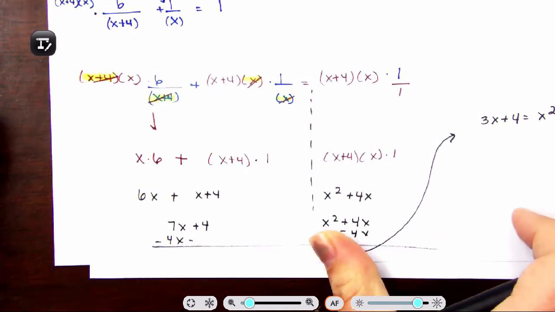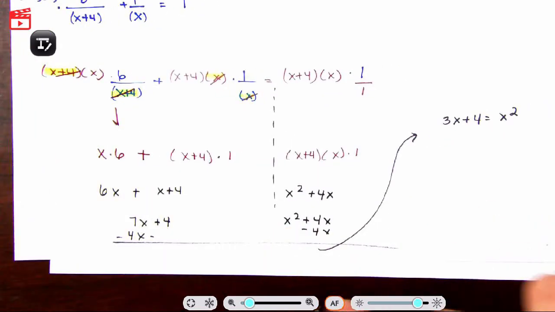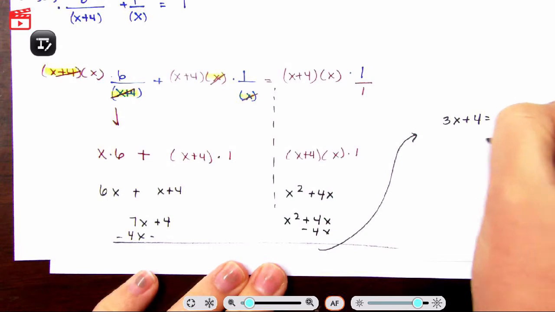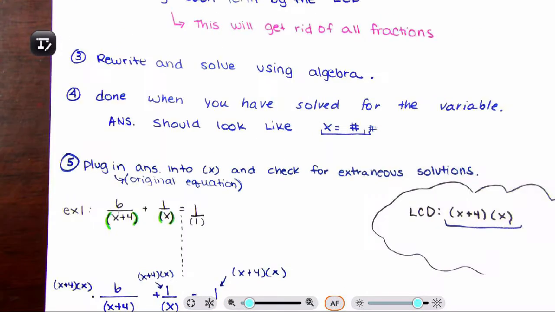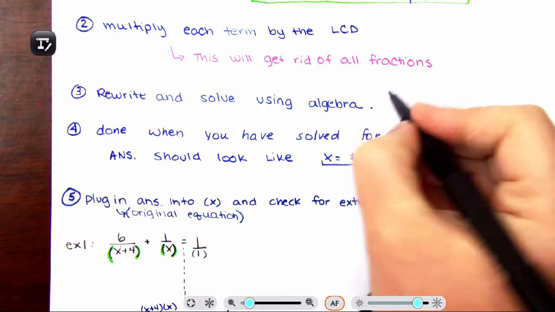All right, you guys, this is when something cool happens. I'm going to want to set it equal to 0. So let's go back to our steps. It says rewrite and solve using algebra.